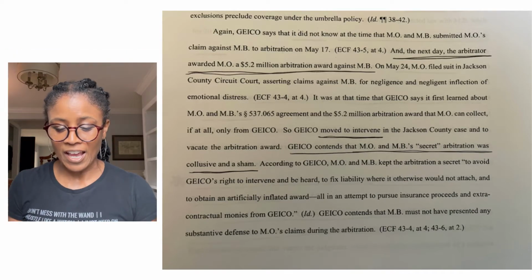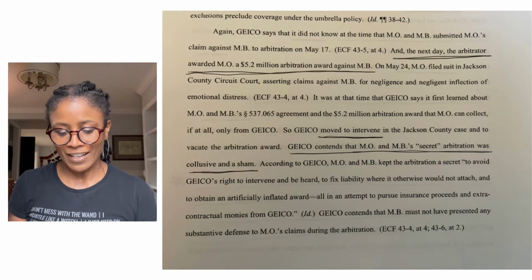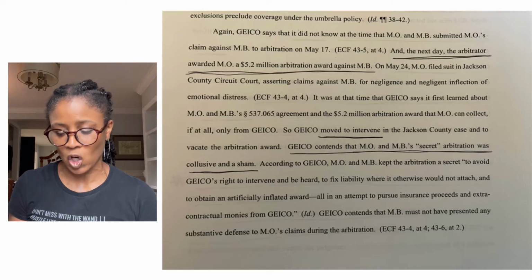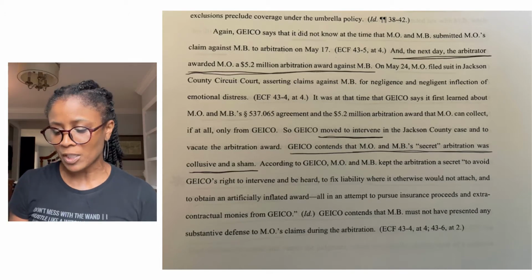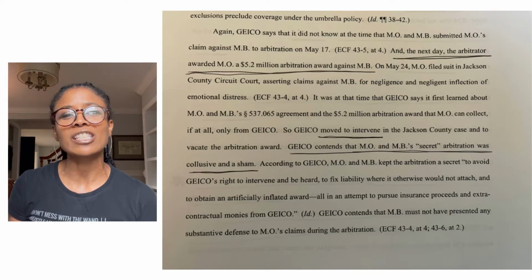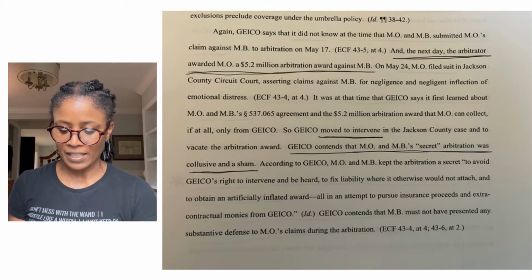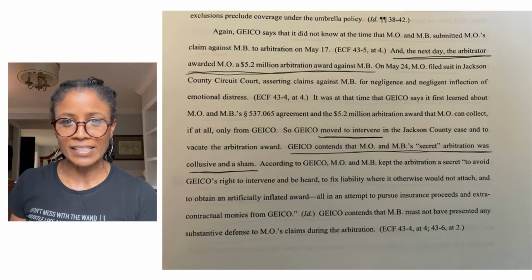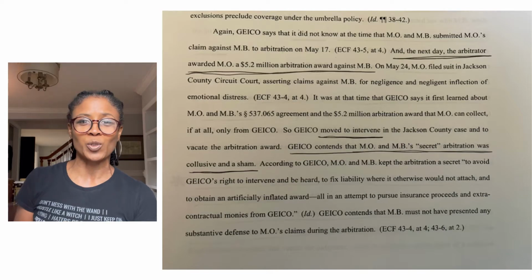According to Geico, MO and MB kept the arbitration a secret to avoid Geico's right to intervene and be heard, to fix liability where it otherwise would not attach, and to obtain an artificially inflated award, all in an attempt to pursue insurance proceeds and extra contractual monies from Geico. Geico says MB must not have presented any substantive defense to MO's claims during the arbitration.